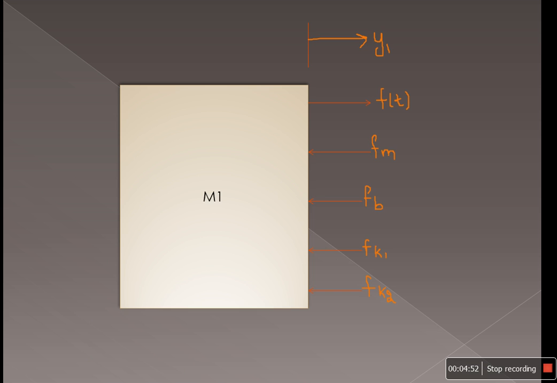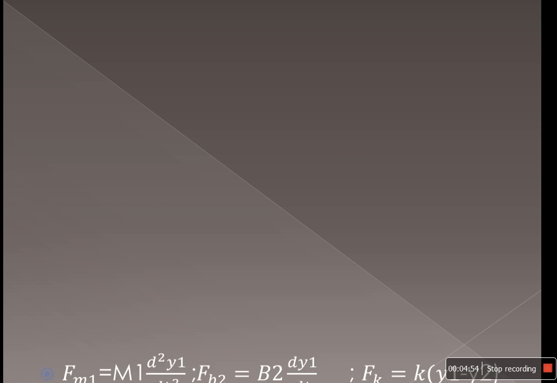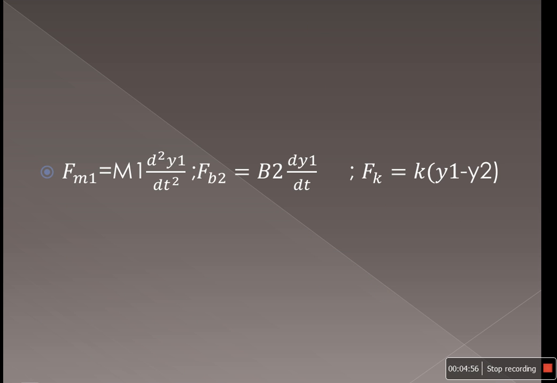Here we have only F b. Only one dashpot is there. That's why F b is directly proportional to dy1 by dt, and when I remove the proportionality constant, I replace it with F b equals b dy1 by dt.